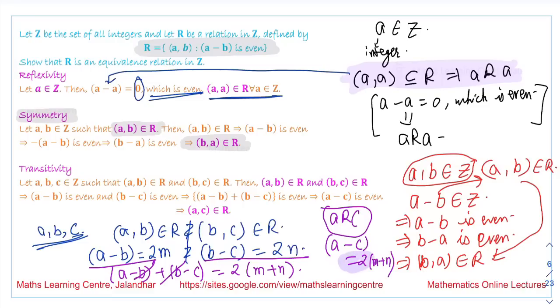This 2 is there, which means a minus c is also an even number, so a is related to c. So for a comma b belongs to R and b comma c belongs to R, we have a comma c belongs to R.